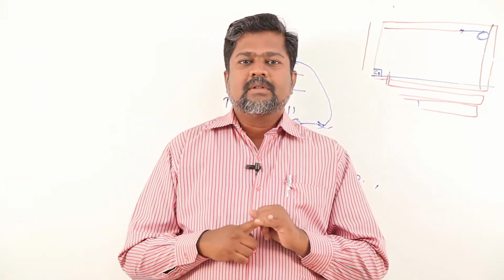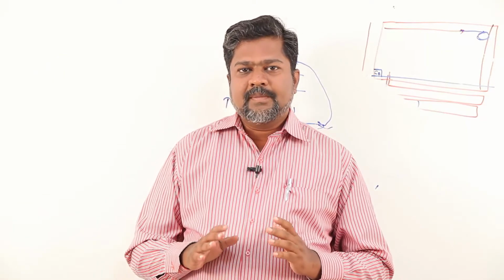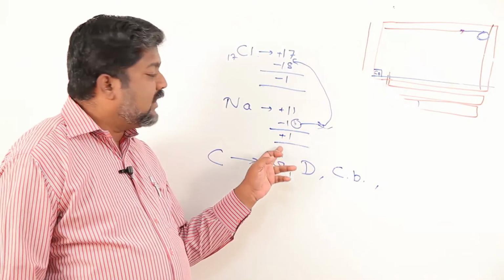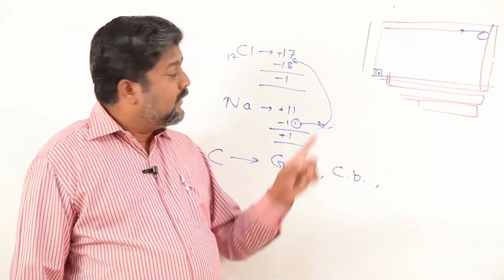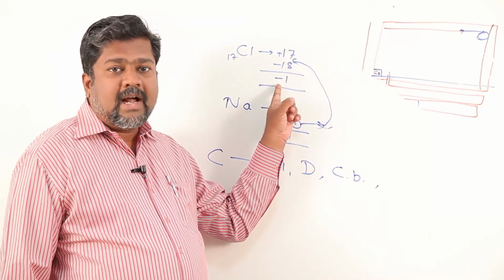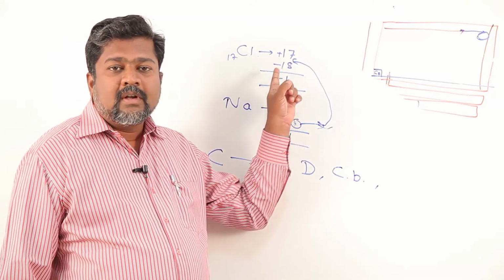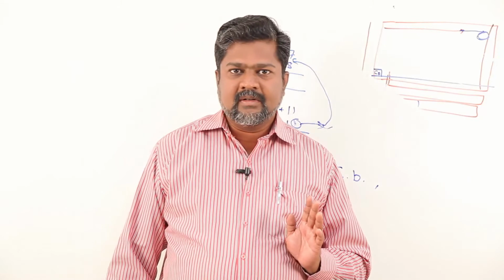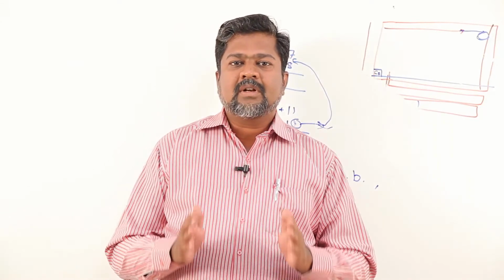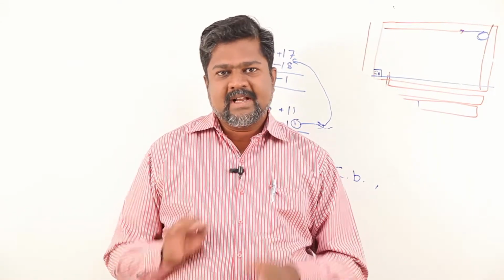Number 1, tendency of an atom to form a positive ion by losing an electron: metallic character. Tendency of an atom to acquire an electron and form a negative ion: non-metallic character. At room temperature, solid state: metallic character.